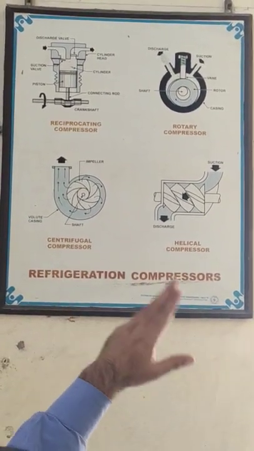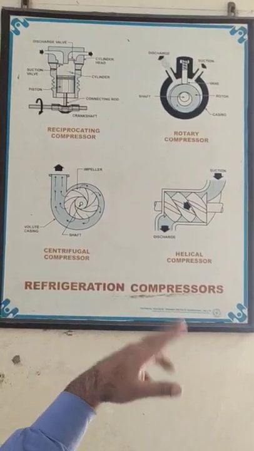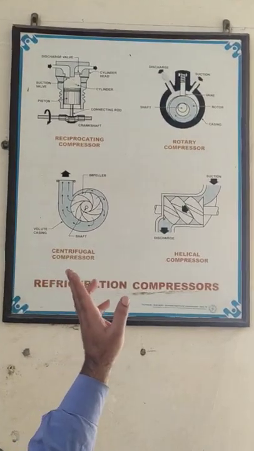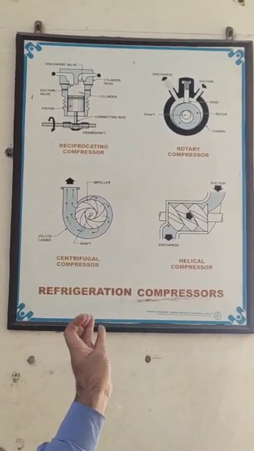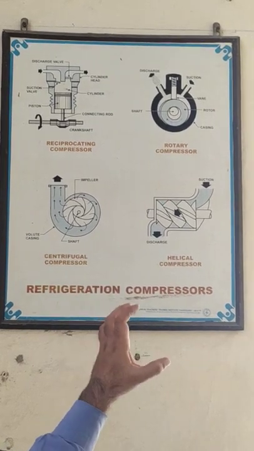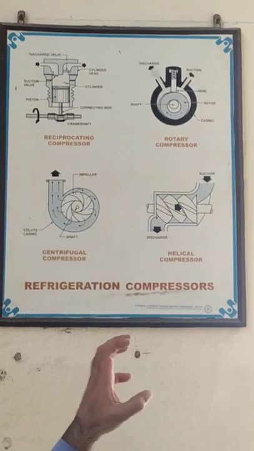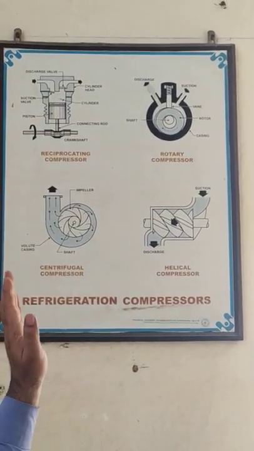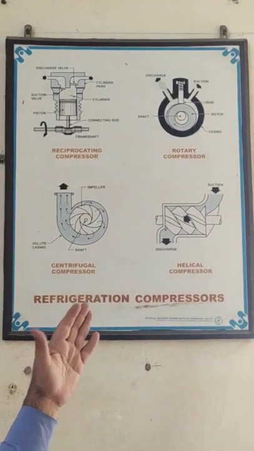The refrigerant enters at low pressure and temperature, and when it is compressed inside with the help of this rotor, the high pressure discharge goes to the condenser through the discharge valve. So this is all about the rotary compressor.